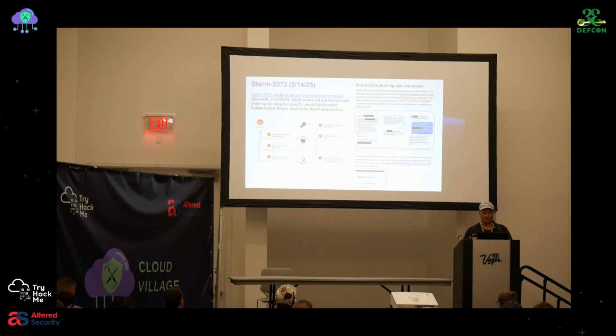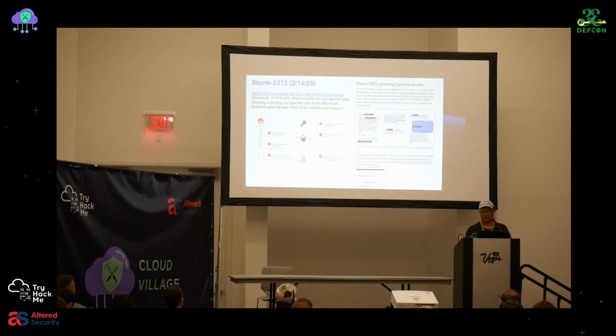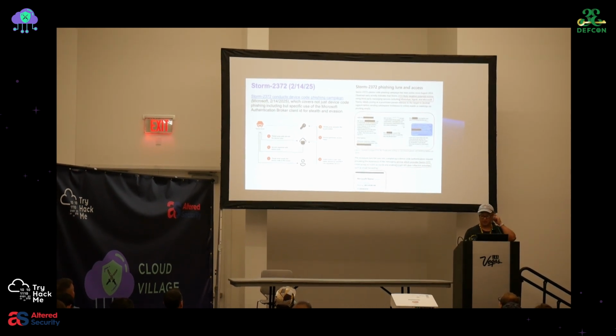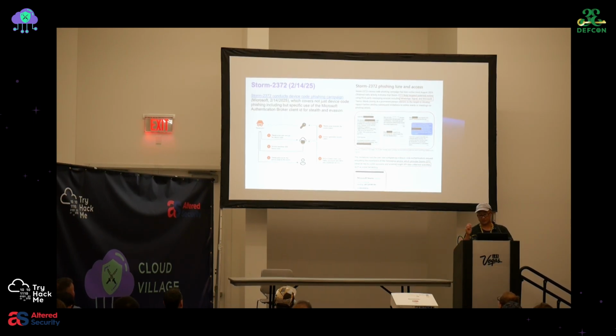So, starting with Microsoft's February update, a few choice things, in case you don't know, but I'm sure you are aware. It first got reported on the 13th, or the day before, as device code phishing, which, if we're into Azure, is a topic at least 4.5 years old since Syynimaa blogged about it in October 2020.